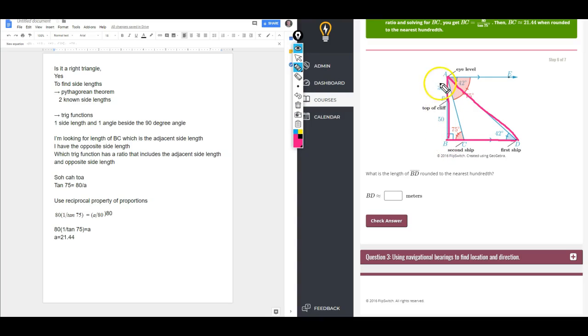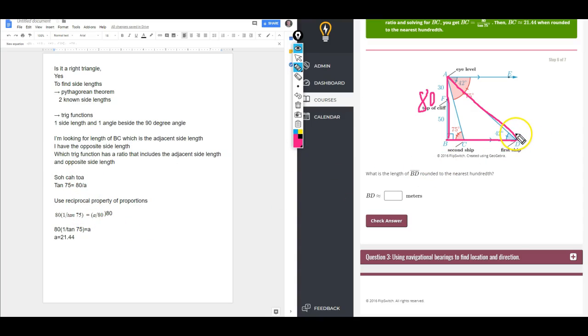We have one side length, this total out was 80. We don't have the hypotenuse side length, and we want to find the BD. So again, I can't use the Pythagorean theorem because I do not have two known side lengths, so I can use the trig function. So we're going to go through the same steps.